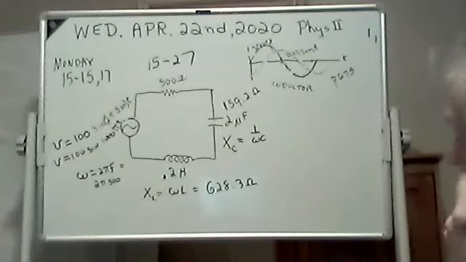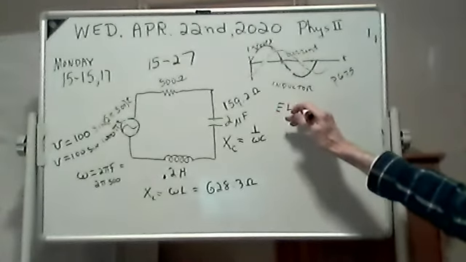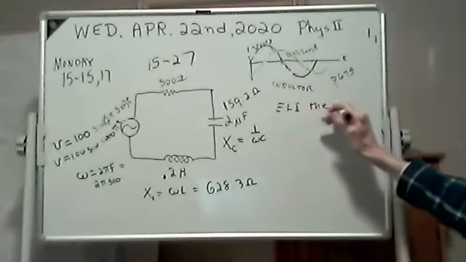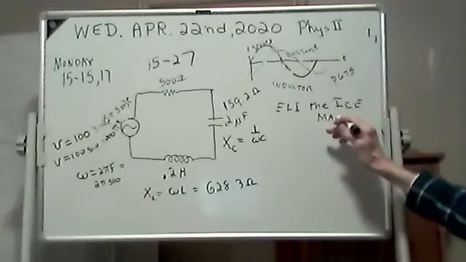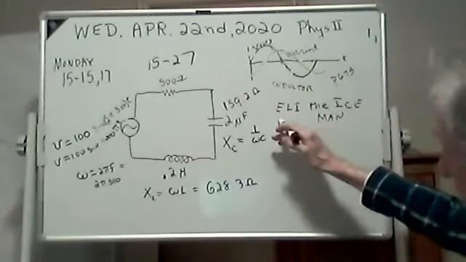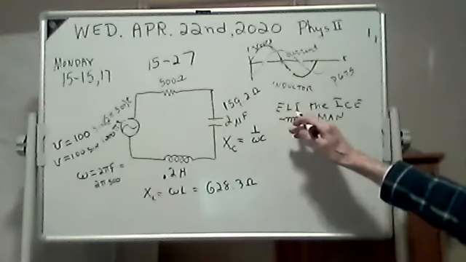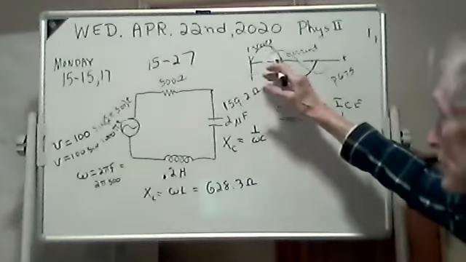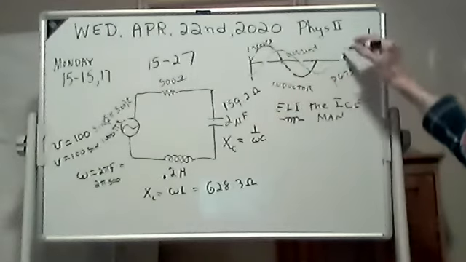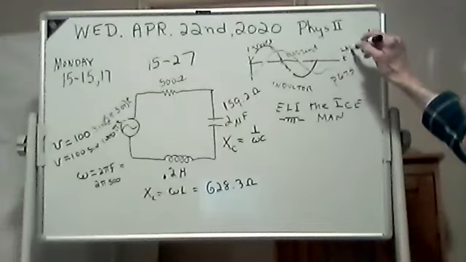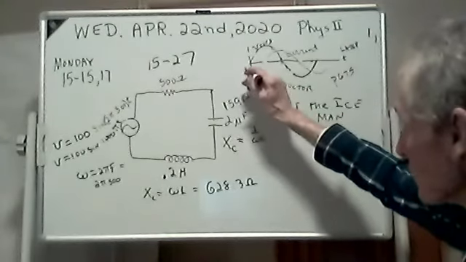But the way it works is there's a little saying that goes like this: ELI the ICEman. It says that in an inductor, see that L there? In an inductor, the voltage leads the current. This voltage is leading the current. See, time is marching on here. Over here, it's later. And over this way, it's earlier.